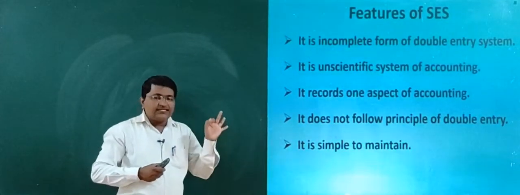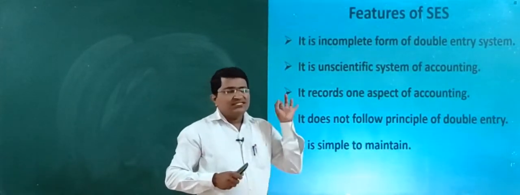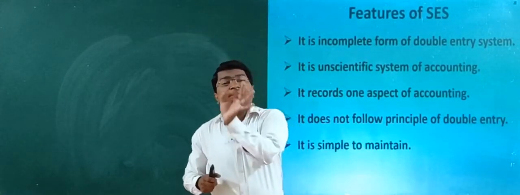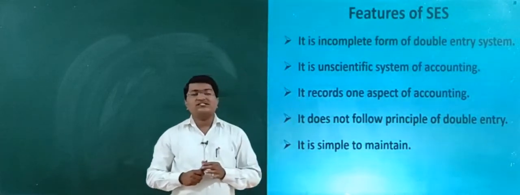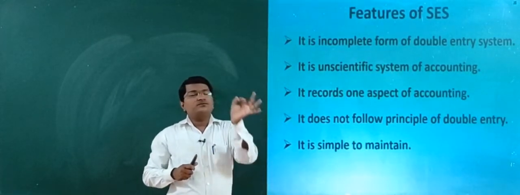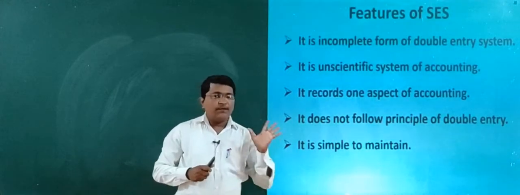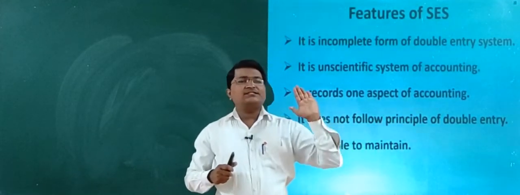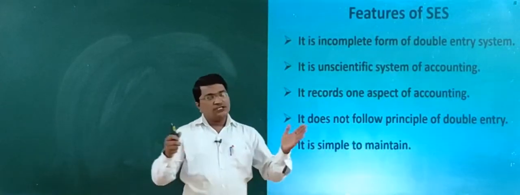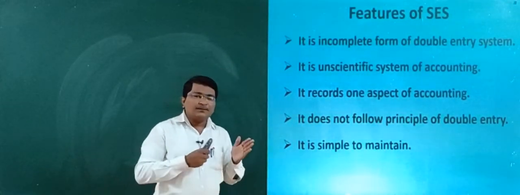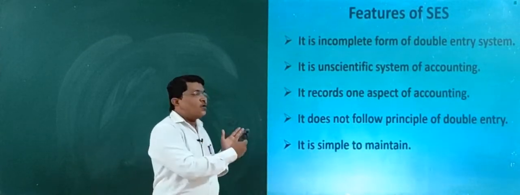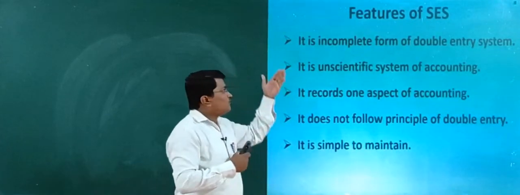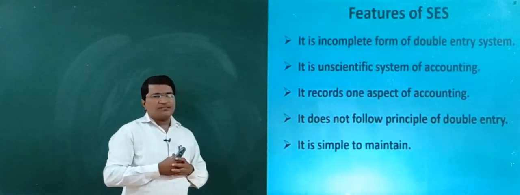First of all the meaning: single entry system is the incomplete and unscientific system of bookkeeping. It records only one aspect of double entry system. So it is called single entry system. And what are the features of single entry system? I have written only some important features. Here I have given 5 features.